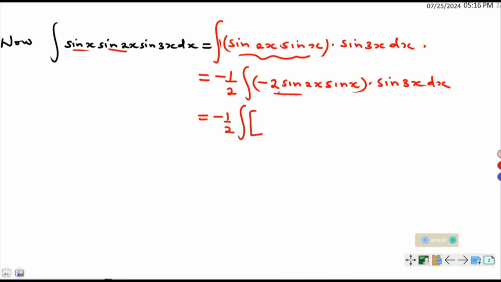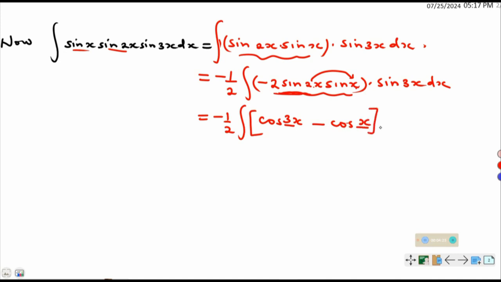We realize that this is now an expression from the factor formula. This is an expression for cos of an angle minus cos of another angle. If we want to get the angle here, we simply get 2x, we add this x, and we shall have 3x. If we want to get the other angle, we simply get 2x minus x, which is simply x.